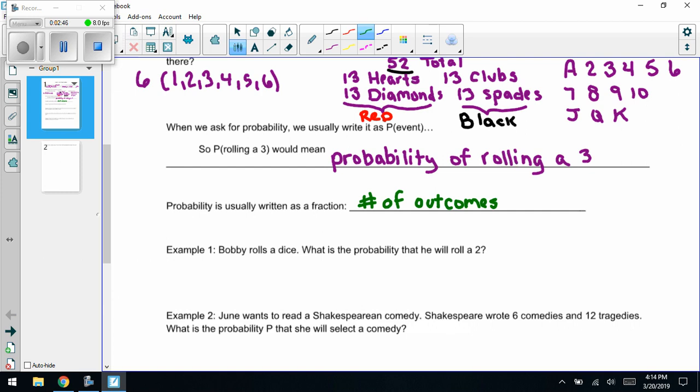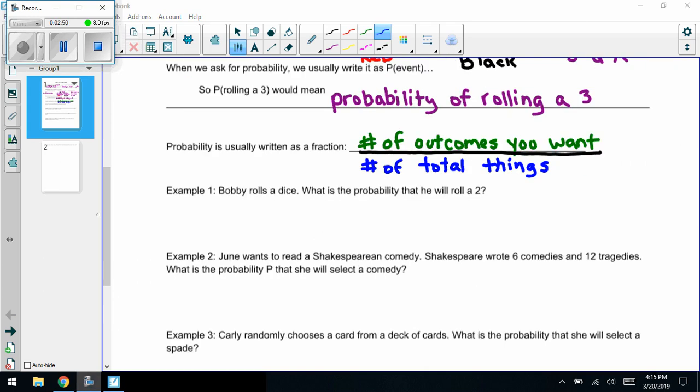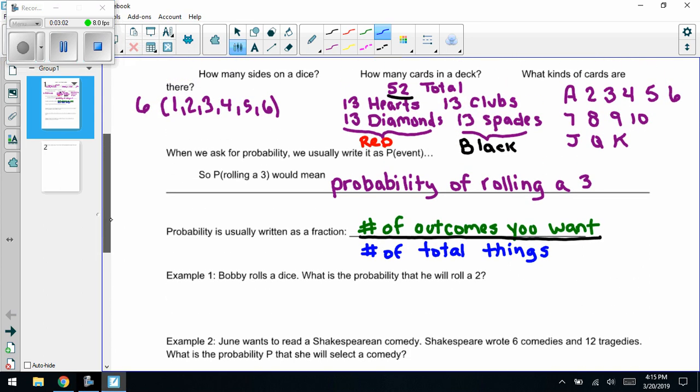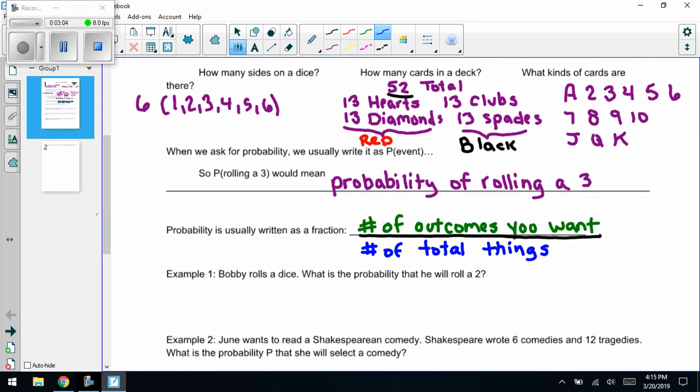So the best way really to do this is to look at some examples. The first example we're going to look at is Bobby. He rolls a dice, and the question is, what is the probability that he will roll a 2? Well, that's why it's important that we know that on a dice there are 6 sides, and that there's only one number 2 out of all of those sides.